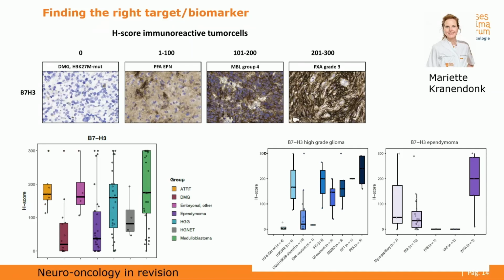So before including a patient in the trial, maybe we should at least look if this antigen is actually there, and ideally see what the evolution of such an antigen is. So how does the expression, does it go up, does it go down, is it correlated with response to therapy? So this is work done by our pathologist, Mariette.